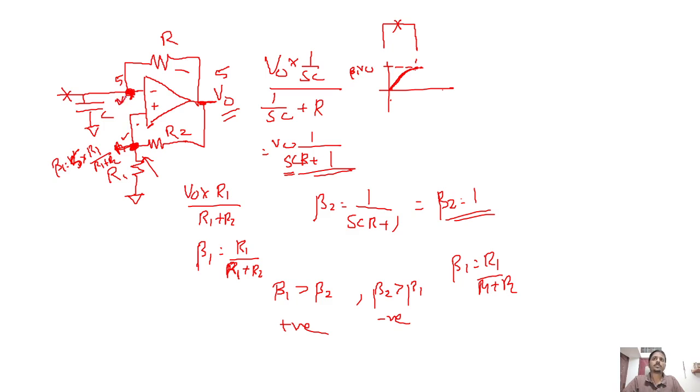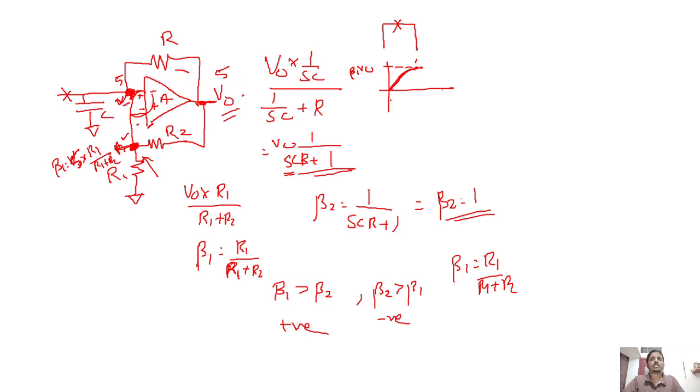Basically it's a differential amplifier, right? The output is actually the difference into gain. So this small change will result in a change in the output V0.